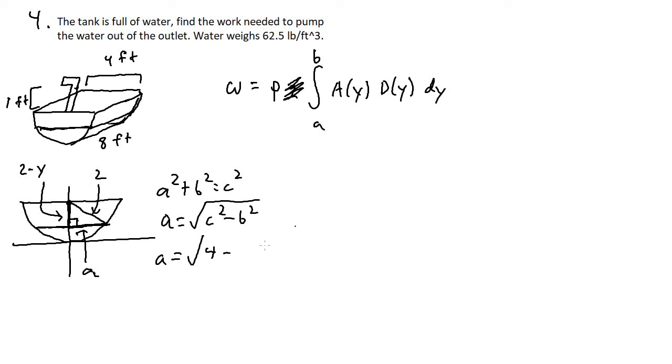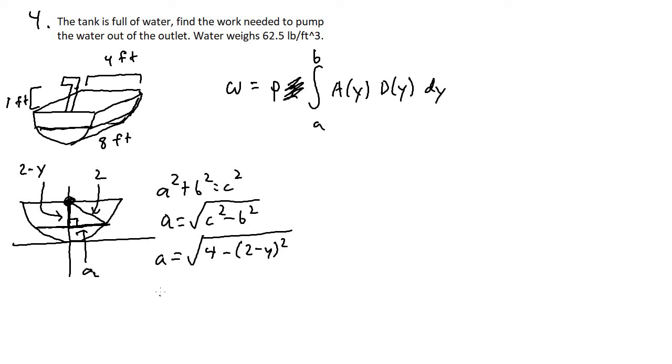So if b is 2 minus y, then b squared is (2 minus y) squared. Once again, we got 2 minus y because we've taken the top bound here, which is 2, and we're subtracting the y distance. So that's why the side is 2 minus y. Now notice a is only half of the length. We need both of the lengths, so we're just going to multiply by 2.